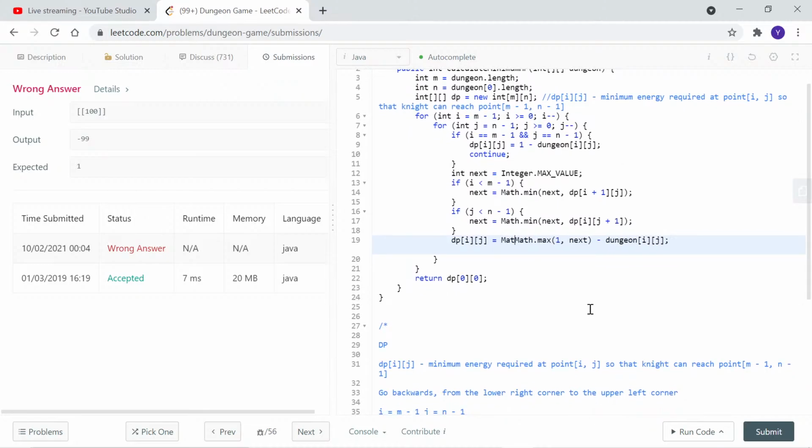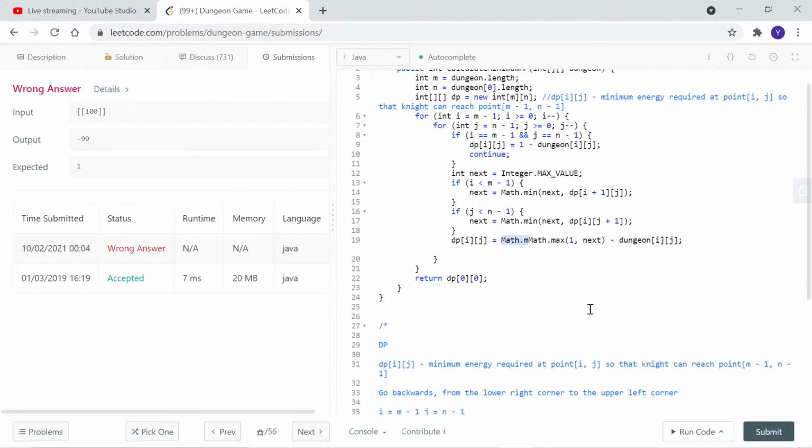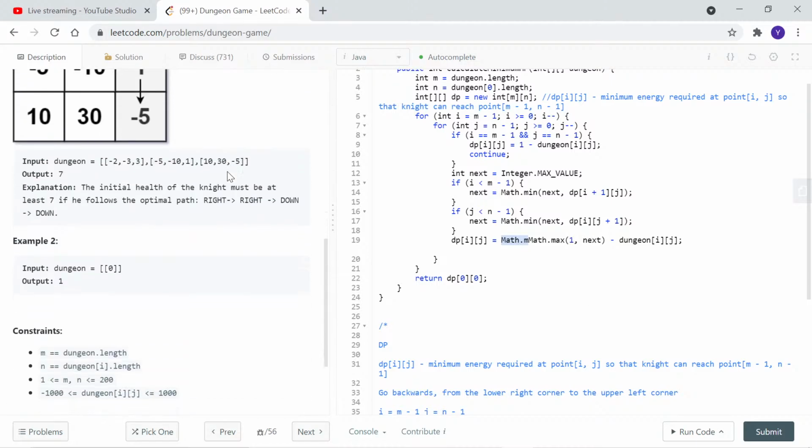So this value also needs to be at least this energy minus 19. The input is 1.